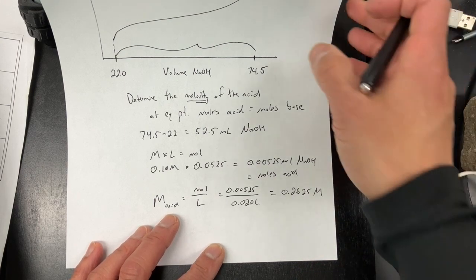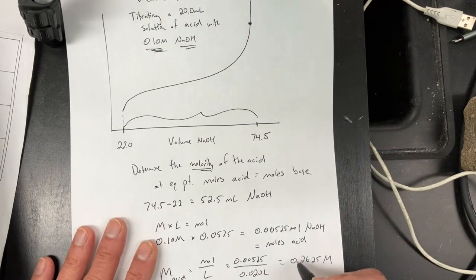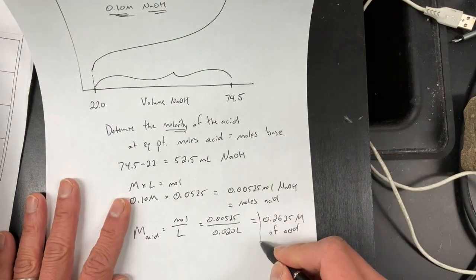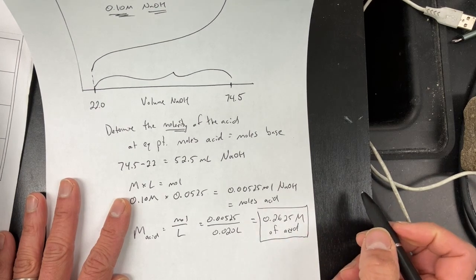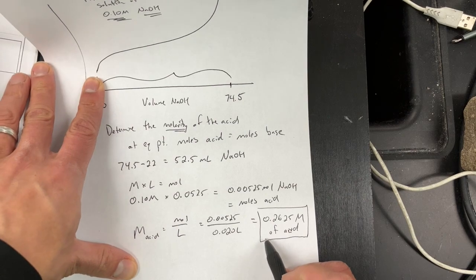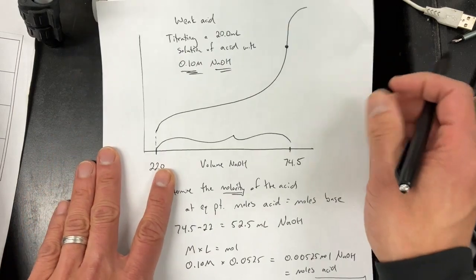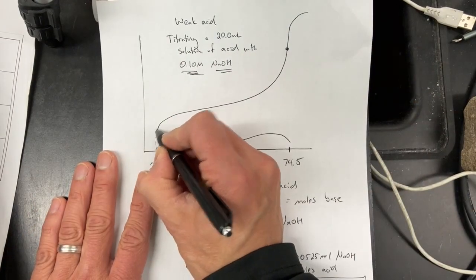Okay, so now the next part is using the concentration. This is my molarity of acid. Using this number, can I get the Ka of the acid from the starting pH? So remember, this is the starting pH.